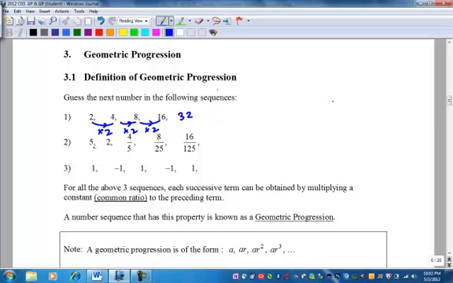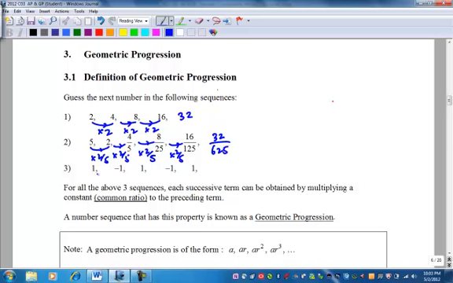For the second sequence, we can see quite easily that from one number to the next, we multiply by 2/5. And therefore, the next term should be 32 over 625.